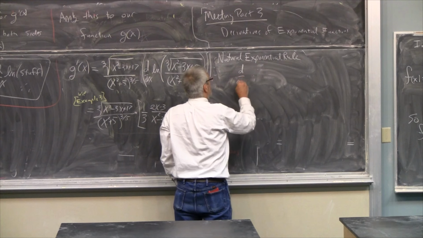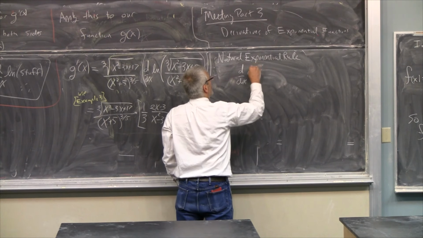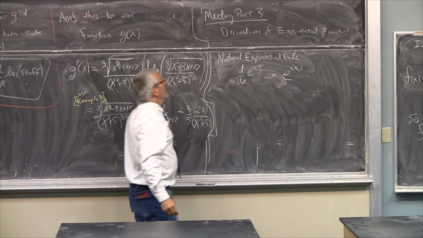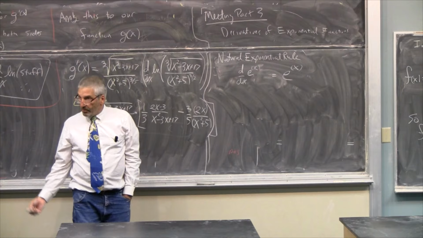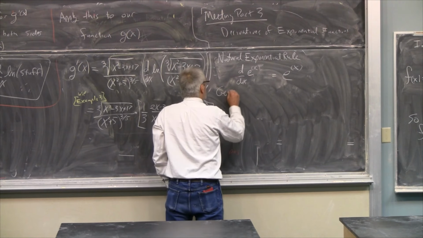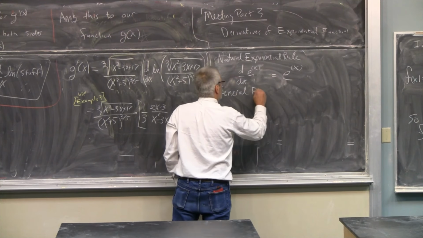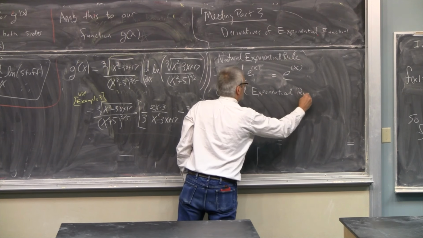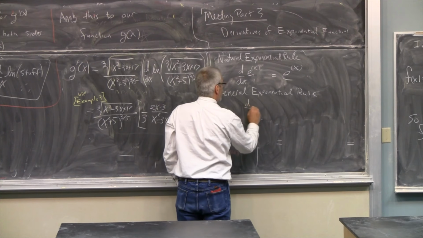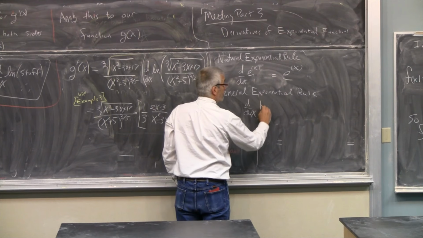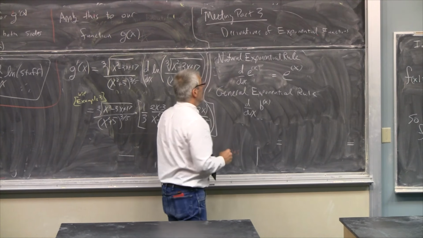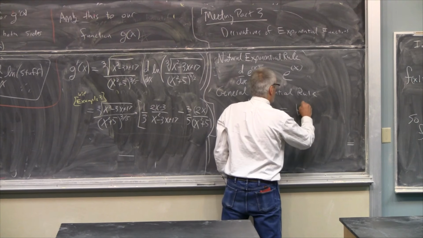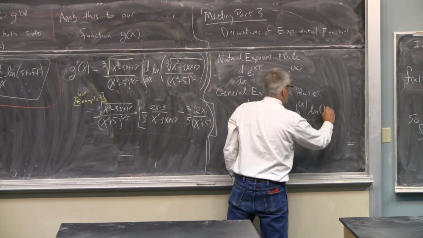So d dx of e to the x, it's the easiest rule ever. It's just e to the x. And then we have the general exponential rule. That's the derivative of a more general exponential b to the x. Well, you get b to the x again, but there's something else, b to the x ln of b.